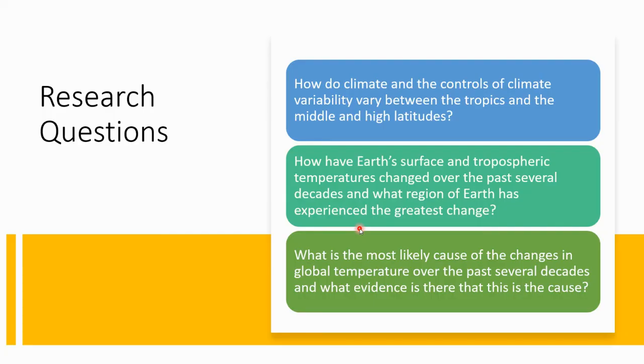Let me go to the next slide. So the research question about this lab is, number one, how do climate and the controls of climate variability vary between the tropics and the middle and high latitudes? You have already studied where the tropics are, and where the middle and high latitudes are.